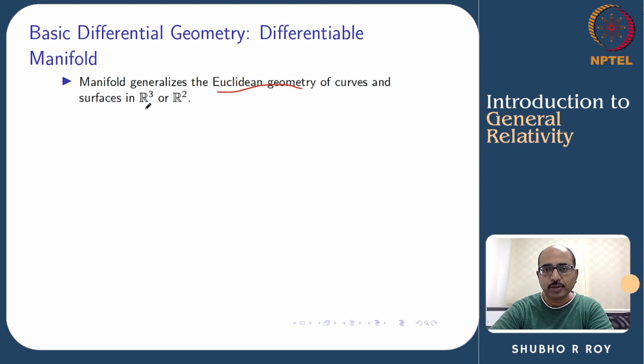There you might have learned about smooth curves and surfaces embedded inside R3 or R2, which is a three-dimensional Euclidean space or two-dimensional Euclidean plane. And the concept of manifold actually generalizes this idea of smooth curves and surfaces embedded inside R2 or R3 in a more abstract way, in a more general way. All right? So this is the origin of the subject.